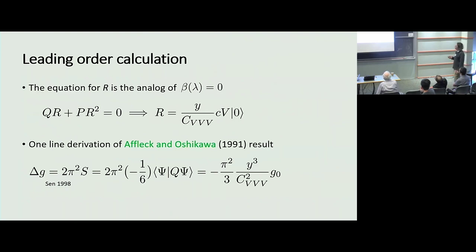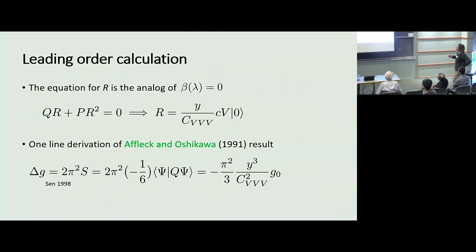Now I show you the leading order calculation. This is the equation for R. The P projects this R star R, so it's some string field that P projects to the respective component, proportional to cV. And this equation is essentially analogous to the condition that the beta function of the coupling lambda given by the perturbing operator is 0.